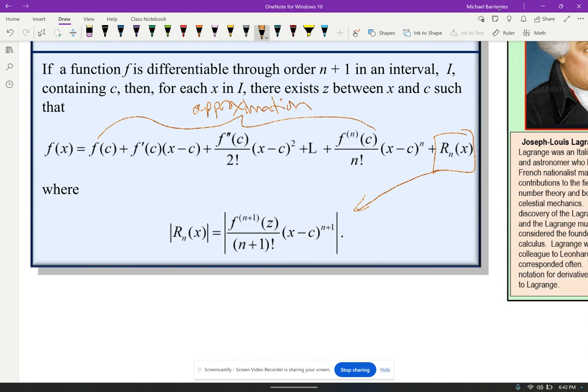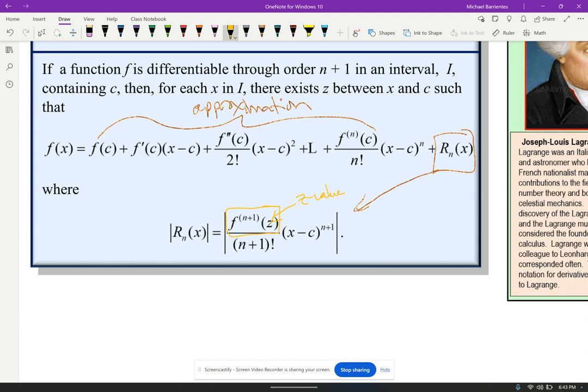So notice, however far out you go, so let's say you go out to the second degree term where it's being squared, this would go out to the third degree, right? It would be n plus 1. However far your approximation goes, this goes one step further, and here's the key. The derivative at that term is evaluated at this z value.